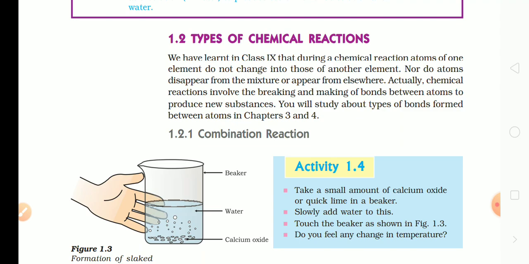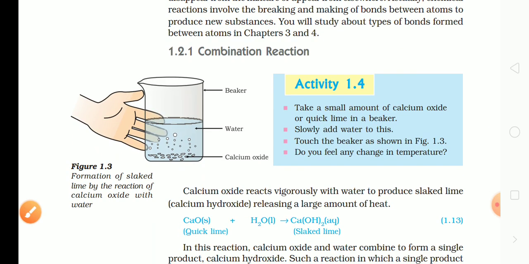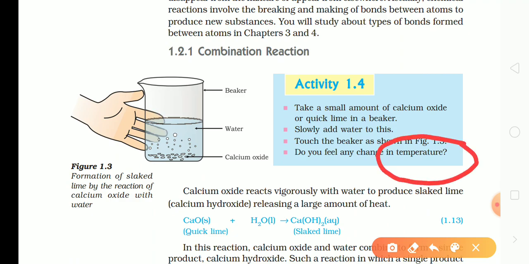During the activity it is given that there is a hike in temperature, an increase in temperature. Whenever there is a liberation of heat or energy in a chemical reaction, such chemical reactions are called exothermic reactions.